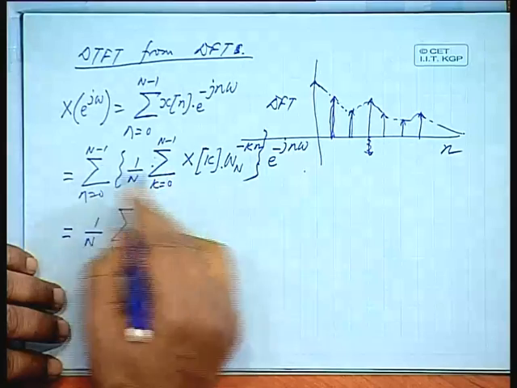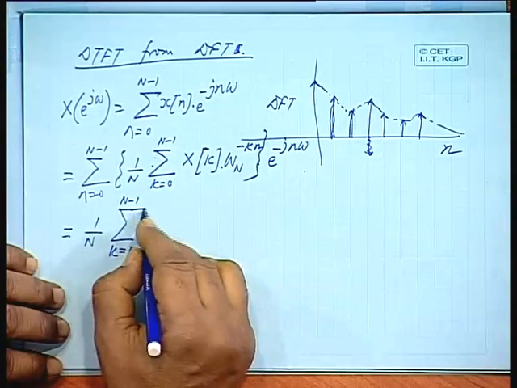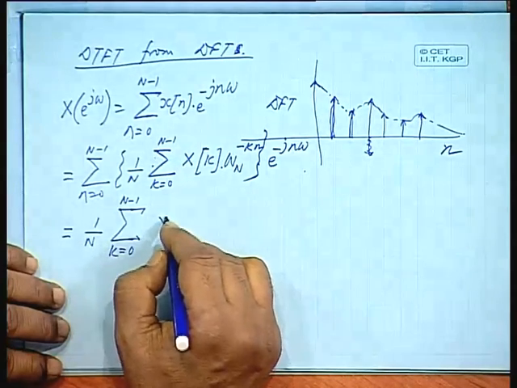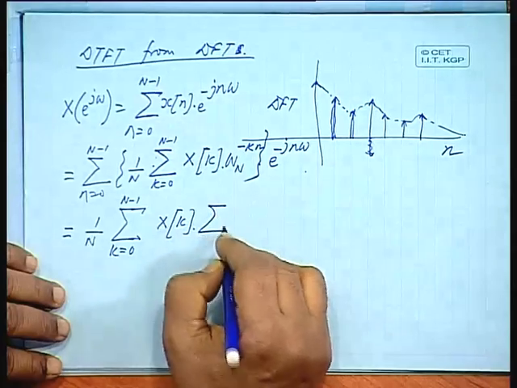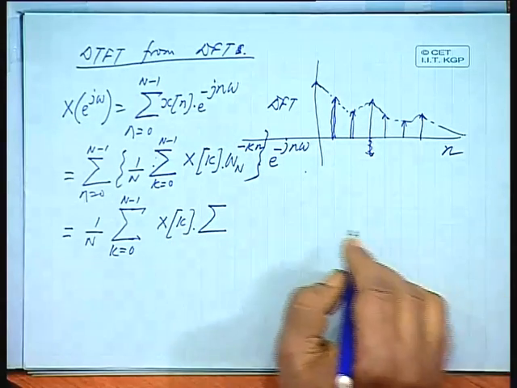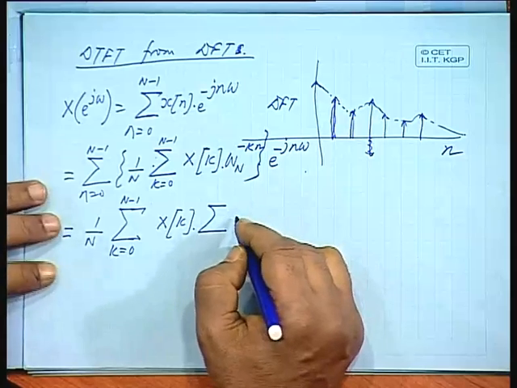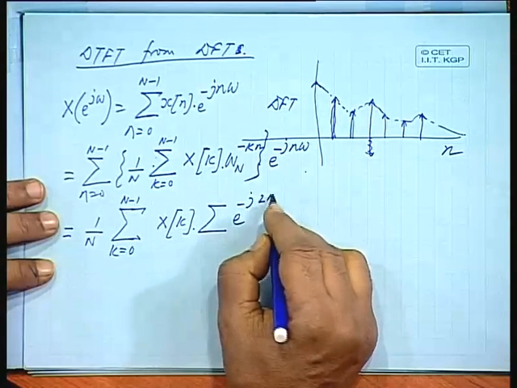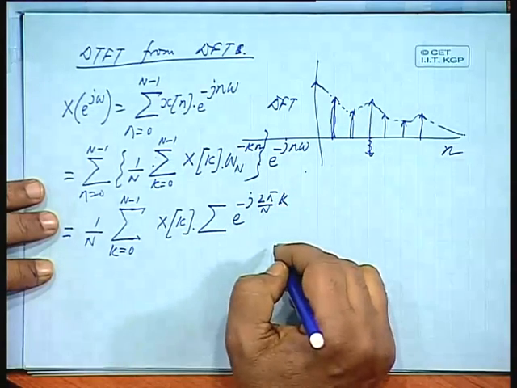I can interchange the summation operation and then X[k] summation. What is W_N to the power minus kn? We can write it in terms of e to the power minus j 2 pi by N into k.